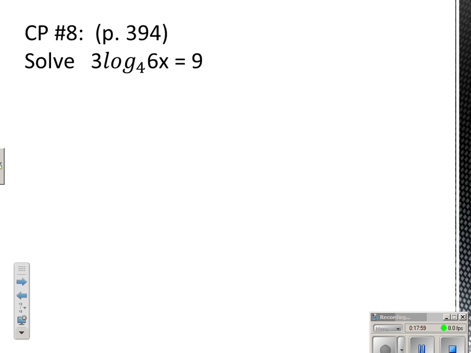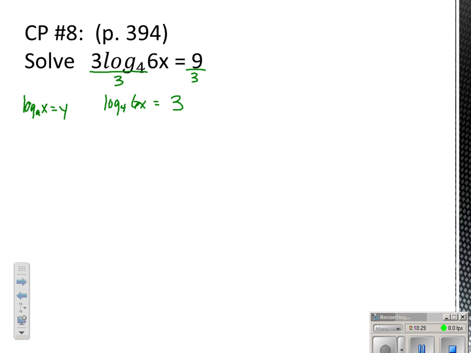Checkpoint number 8, another variety of something that we could see. All right, so we have a 3 times log base 4 of 6x equals 9. The 3 out front we can get rid of. Okay, now I have log base 4 of 6x is equal to 3. So that's in my log ax equals y form.